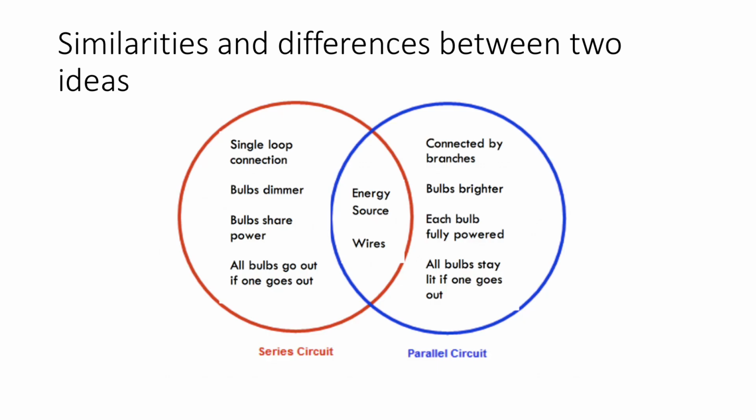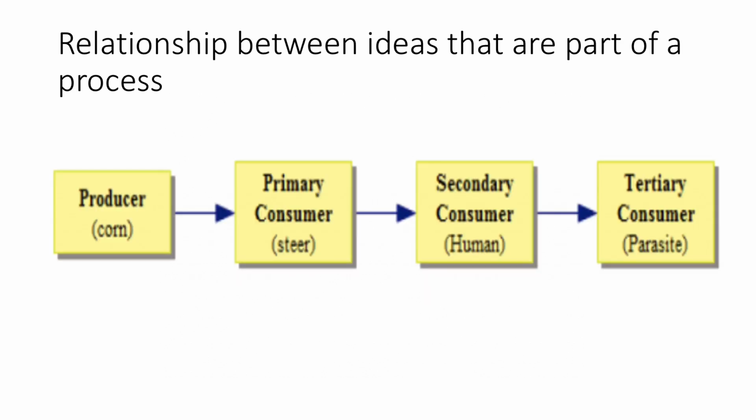As I've said, the Venn diagram can be used to compare and contrast the differences and the similarities of two concepts. So this is another linear map illustrating the relationship between ideas that are a part of a process.